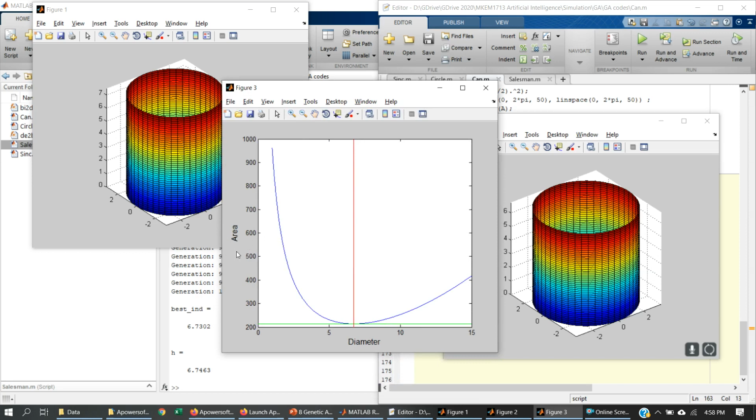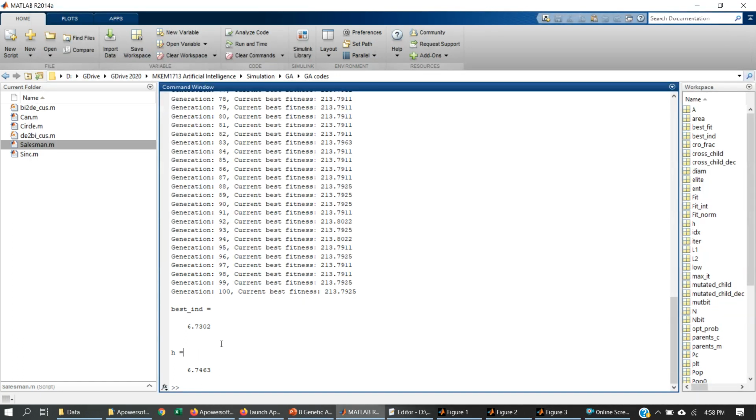The green lines represent the best answer, the diameter and height that produce the cheapest can. And the red line is given by our genetic algorithm. So it does give us the value of diameter and height for the cheapest can.